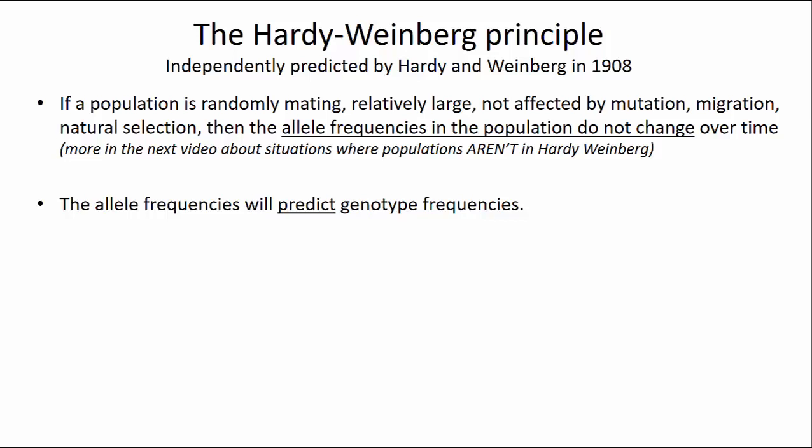The conditions that the population needs to meet are listed here. The population needs to be randomly mating, it needs to be relatively large in size, and it needs to be not affected by mutation, migration, or natural selection.